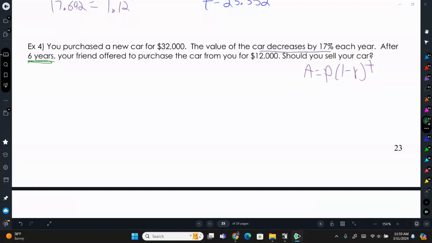Or you could set 12,000 equal to A, solve for t, and figure out how many years it will take for the car to be worth $12,000, and then compare that to 6 years.